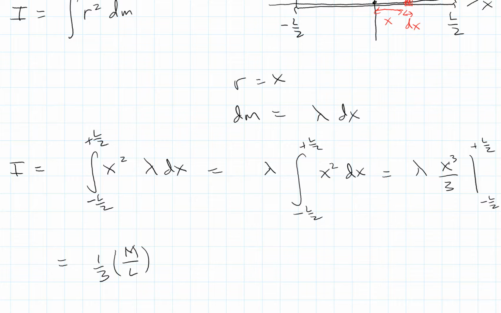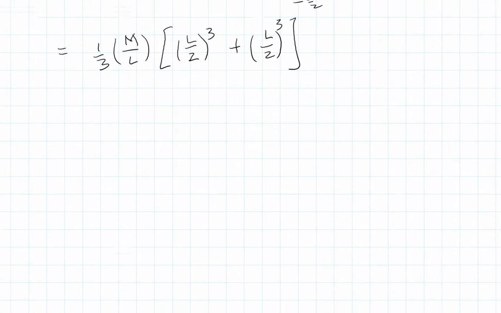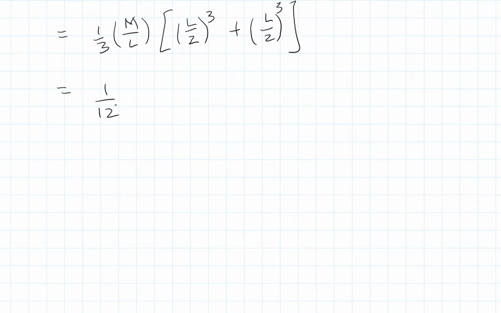And I've got x cubed evaluated at L over 2, and minus, evaluated at negative L over 2 is going to give me a plus. And that turns out to be 1/12 mL squared.